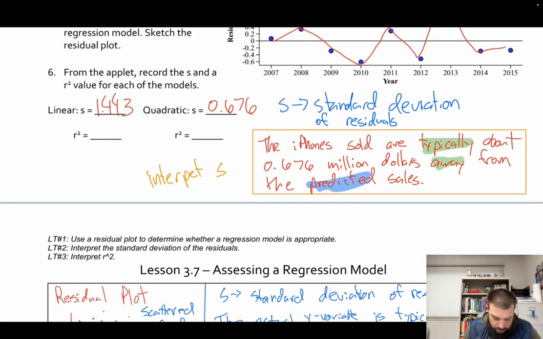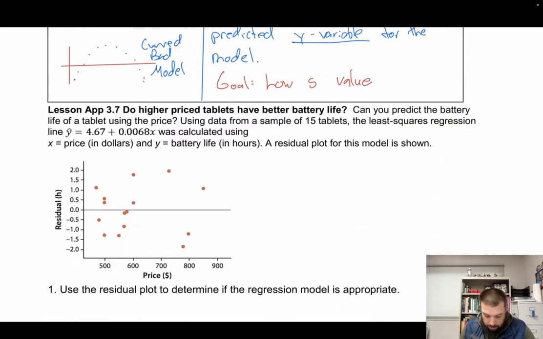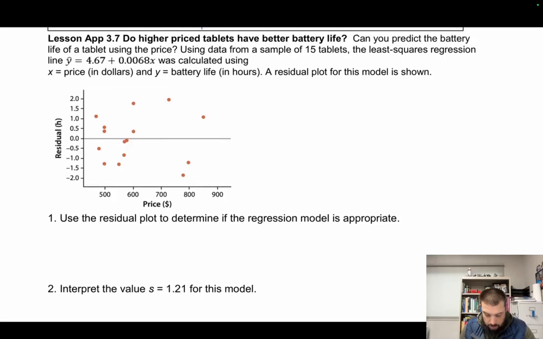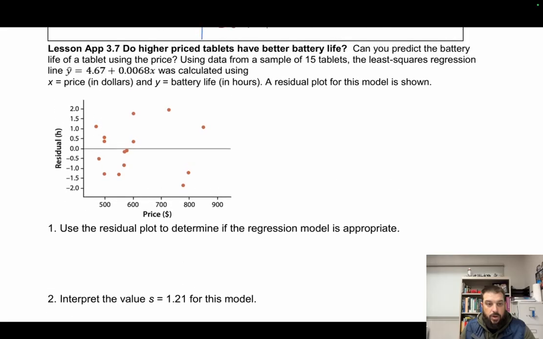For our purposes, we're not going to worry about our r squared. We're just going to be focused on the S of that. Okay, so go ahead and try these problems down here. So look at 1 and then 2 within that. Don't worry about 3 since that's talking about r squared.